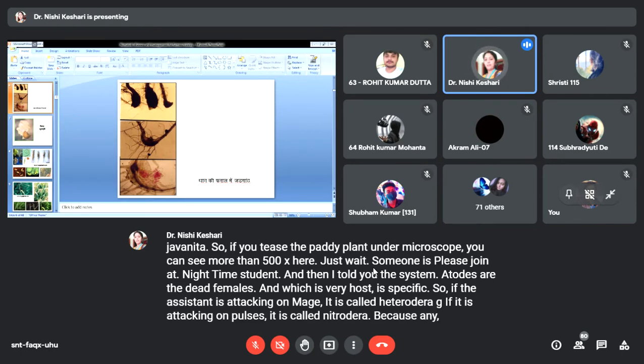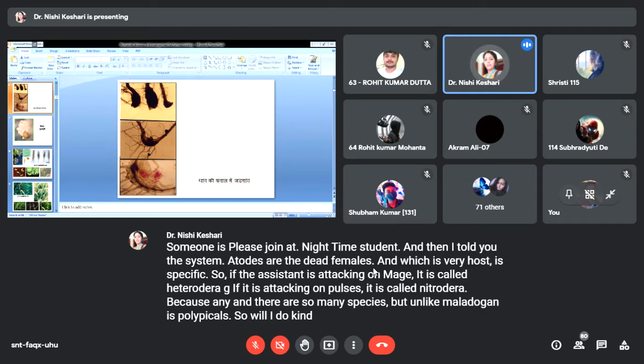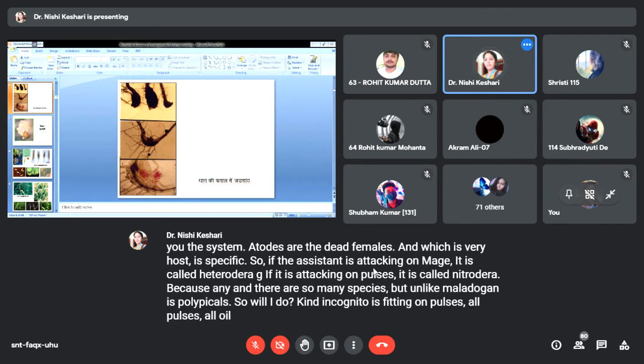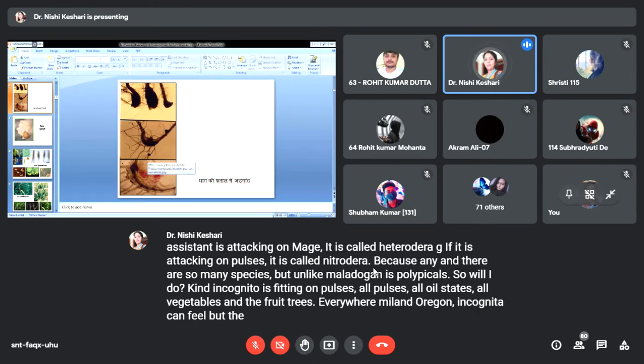And there are so many species, but unlike that, Meloidogyne is polyphagous. Meloidogyne incognita is feeding on pulses, all oilseeds, all vegetables, and fruit trees. Everywhere Meloidogyne incognita can feed. But the cyst nematodes are host specific, meaning they need only their host.